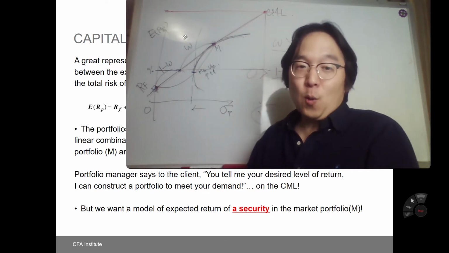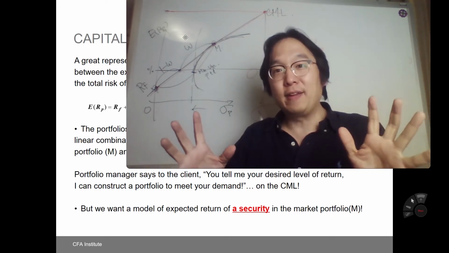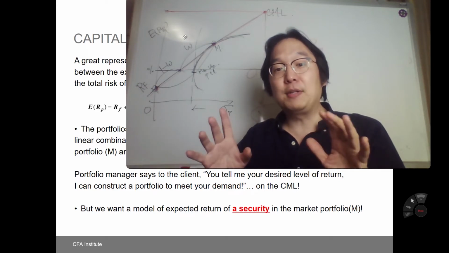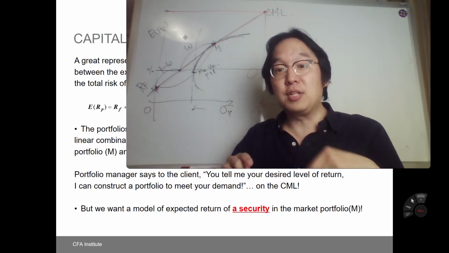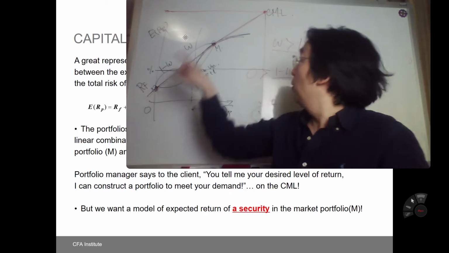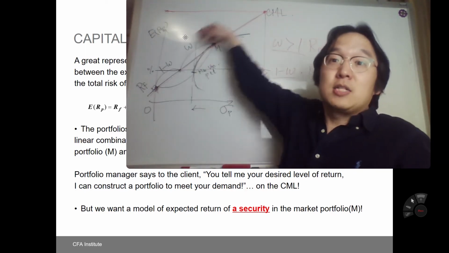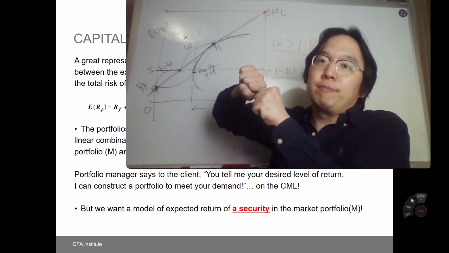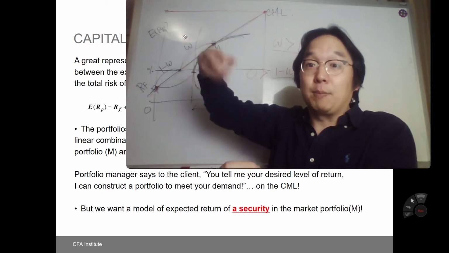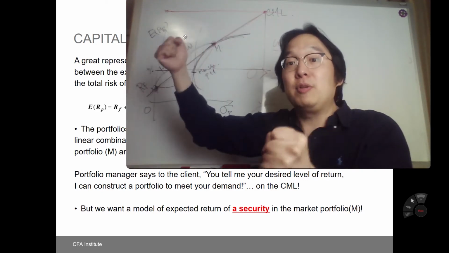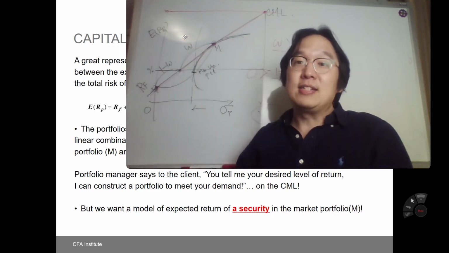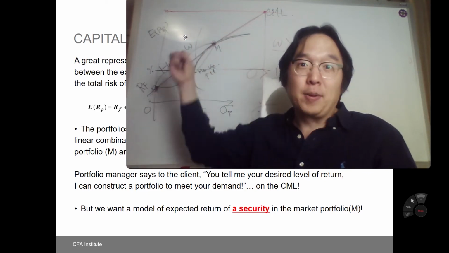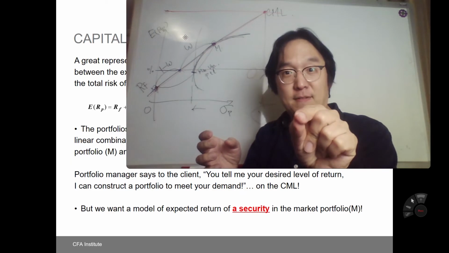Now, one thing is what we want, okay, a model of expected return of a security in the market portfolio. Here it's about the market portfolio and then forming up portfolios based on the risk-free asset and the market portfolio. But what we really want to get at is not this portfolio itself, but the component stock, component asset.